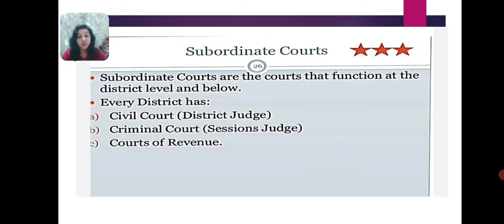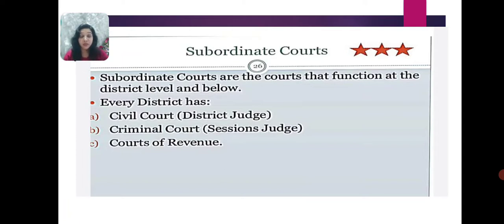Now the first one is a civil court, that is the district court. Second one is the criminal court, that is the sessions court, and third one is a court of revenue. Okay, so keep this in your mind.